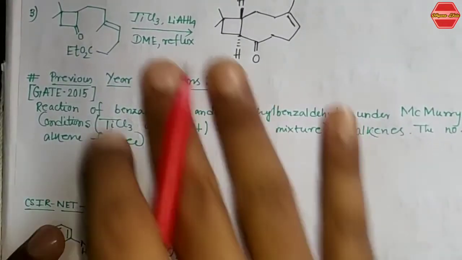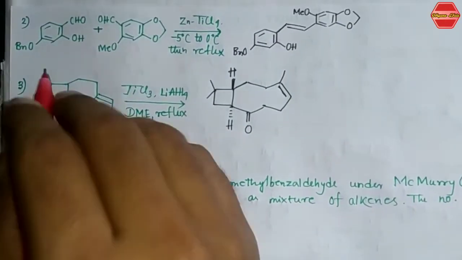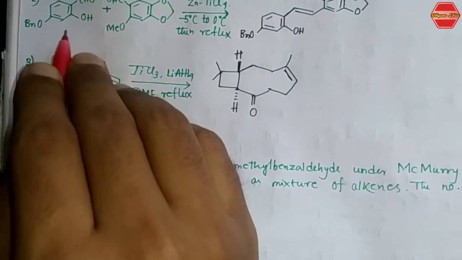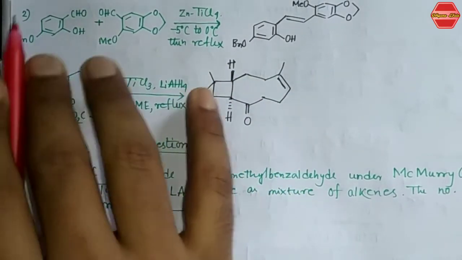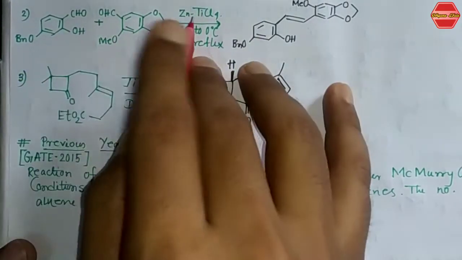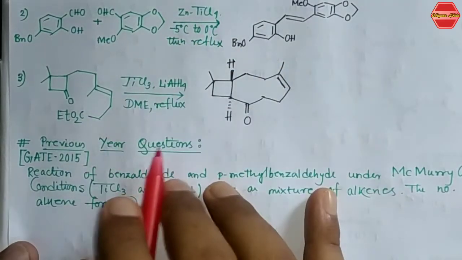Let's see another example, this one. If you have this kind of substrate, two different aldehydes, with the same conditions, zinc and TiCl3, and you can see a lower temperature is given.